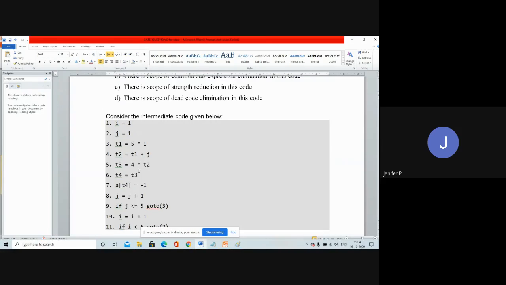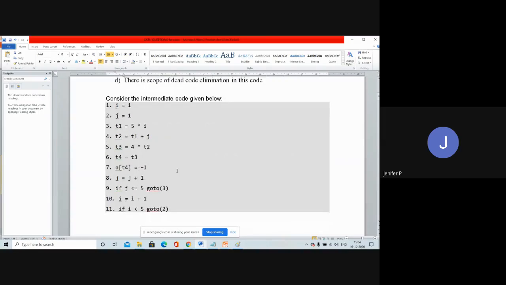So how do we construct it? I already told you, you have to find the leaders. A leader is nothing but the first statement of a block. How do we find it? The first rule is the first statement is a leader. So I will highlight it: the first statement is a leader. So here I equal to 1 is a leader, right?